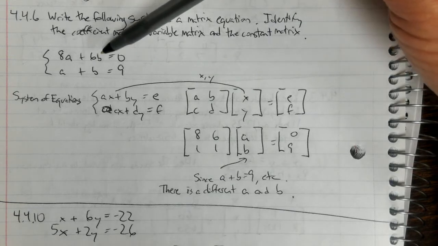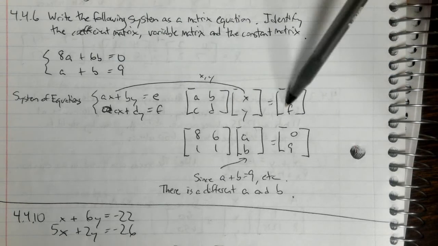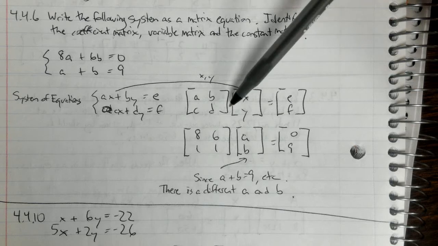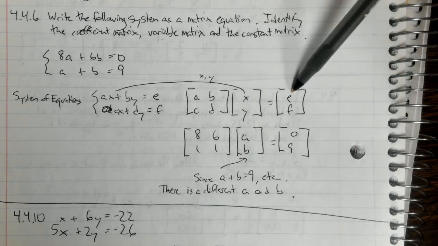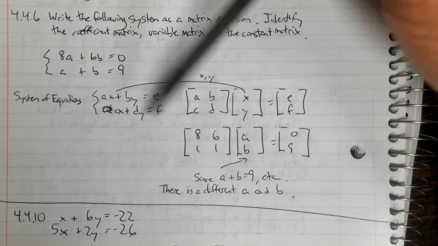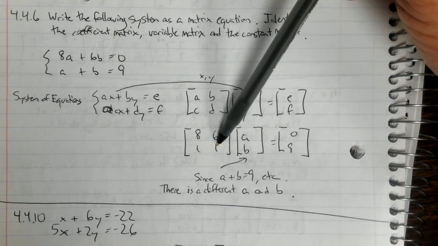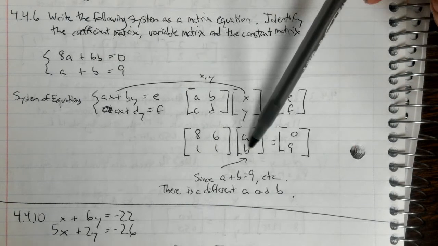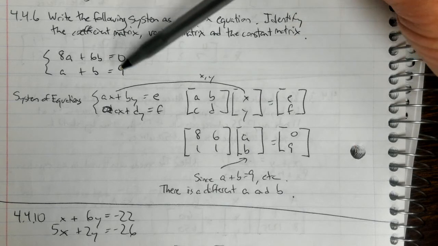And see, basically just look at this. You don't really need to know all of this, A, B, C, D, X, Y, E, F. The main thing is it's 8, 6, 1, 1, 8, 6, 1, 1. And then we put A and B because those are the letters they use, and then they have 0, 9.